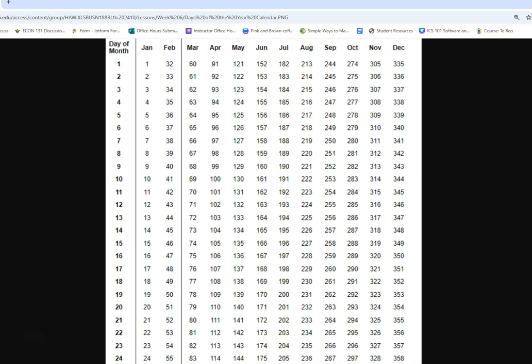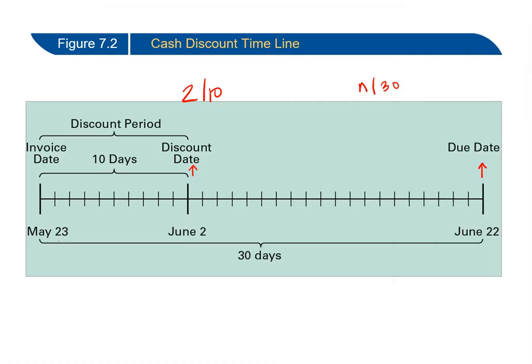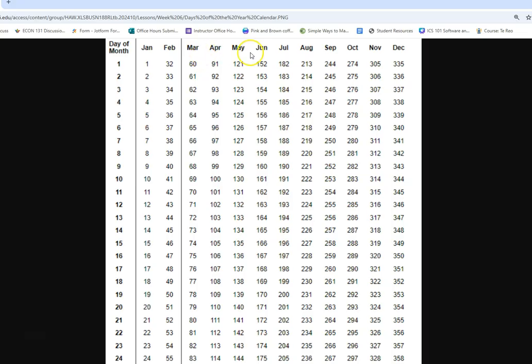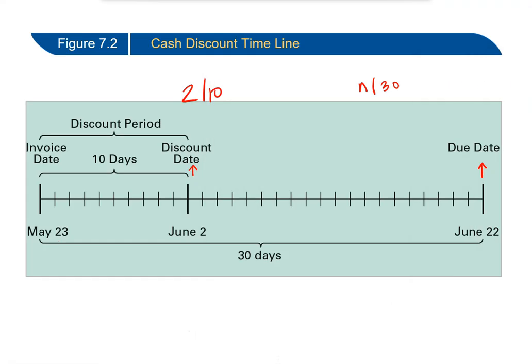Okay, and so let's take a look at this previous example where we had May 23rd. So what I'm going to do is see where May 23rd falls. So here's my May column. If I go down to 23, May 23rd is day 143.